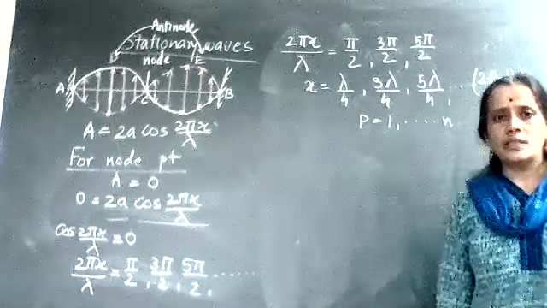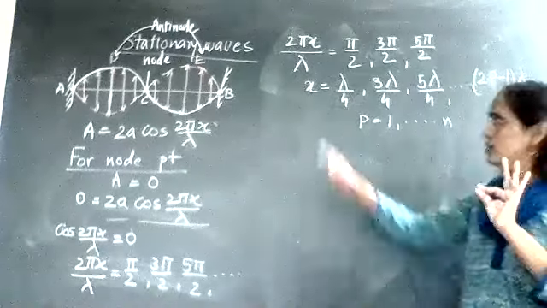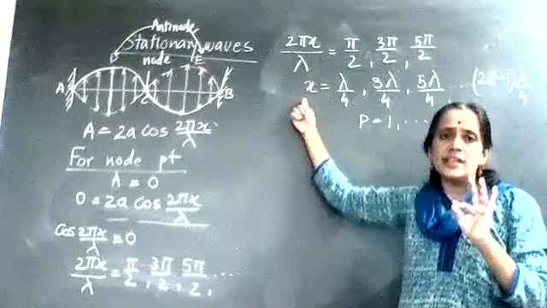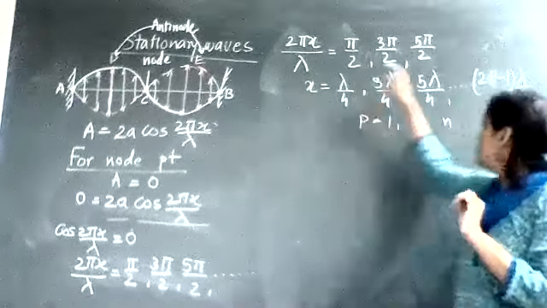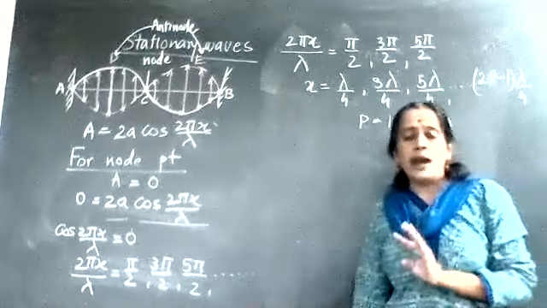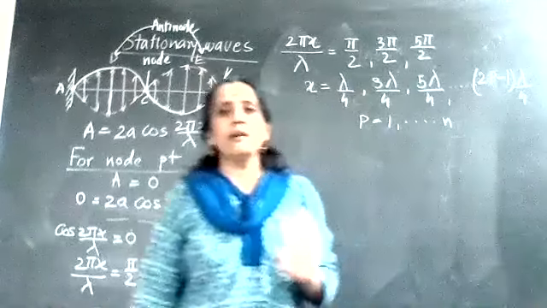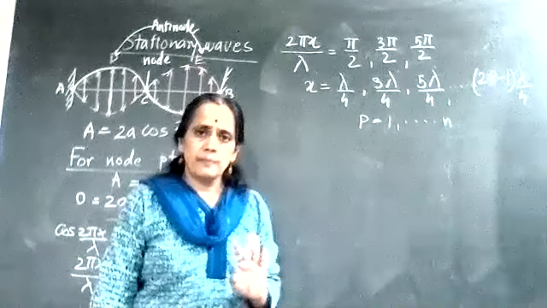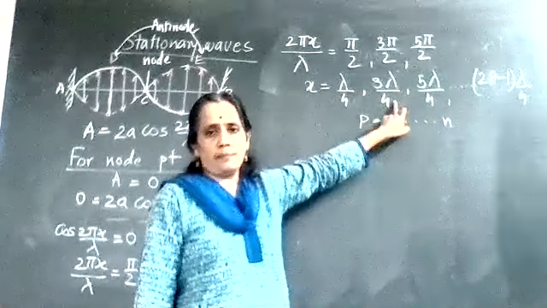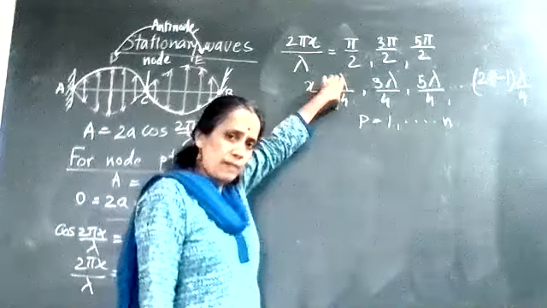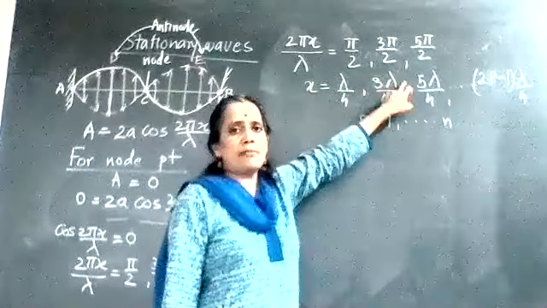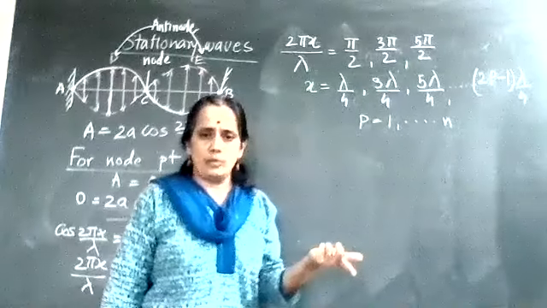At what distance can we get the node? The distance where I will get the node, the generalized distance, is x equal to 2p minus 1 into lambda by 4, and your p number is nothing but an integer number. Clear? Now, here I can find out one more thing. At a distance of lambda by 4, I am getting the first node, and at a distance of 3 lambda by 4, I am getting the second.